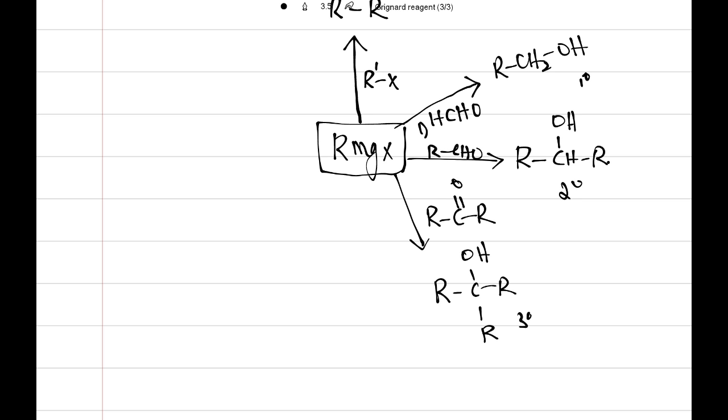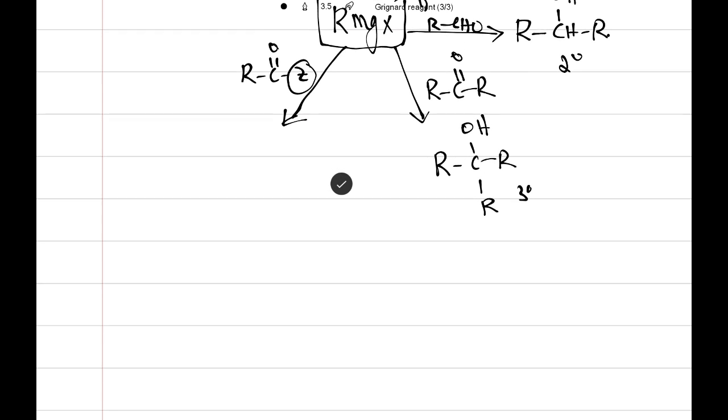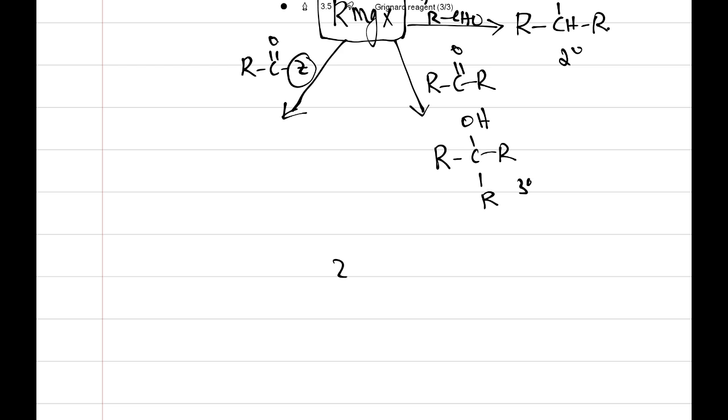Okay, now when it is reacting with carboxylic acid derivatives. So what are the carboxylic acid derivatives? RC double bond O Z, I am taking. Here Z is different groups. Assume that if Z is OR, then that is called an ester. If Z equals NH2, that is nothing but amide.